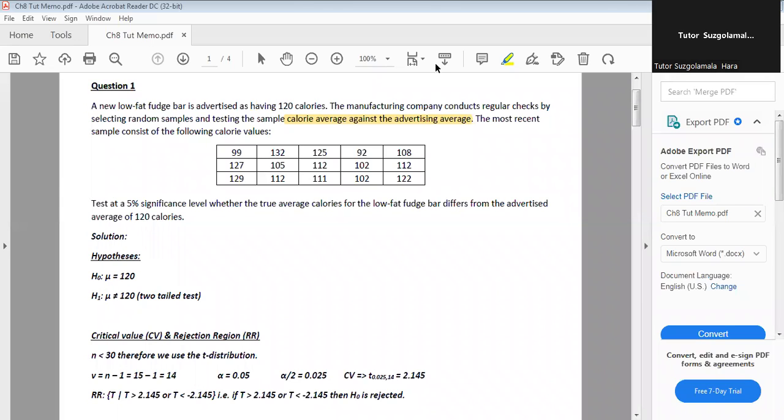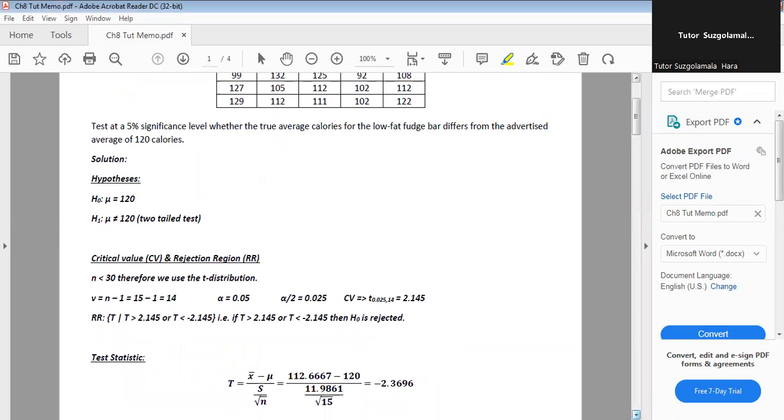As I already said, your alternative hypothesis is the thing that you want to find out, that's the calorie average against the advertising average. That means the two means. You need to find out if these means are different. So the alternative will be mean is not equal to 120. So it's a two-tailed test.